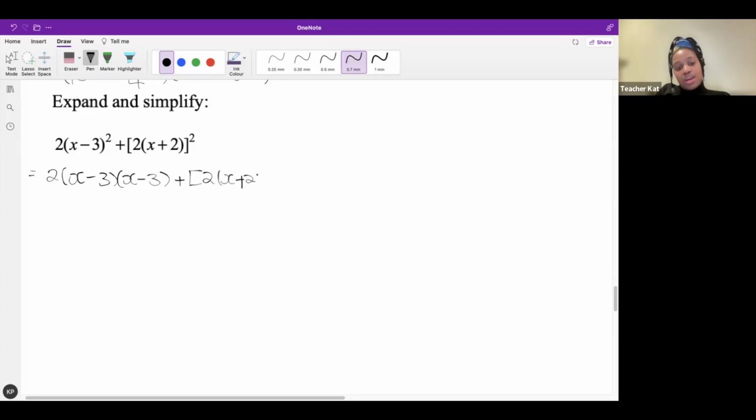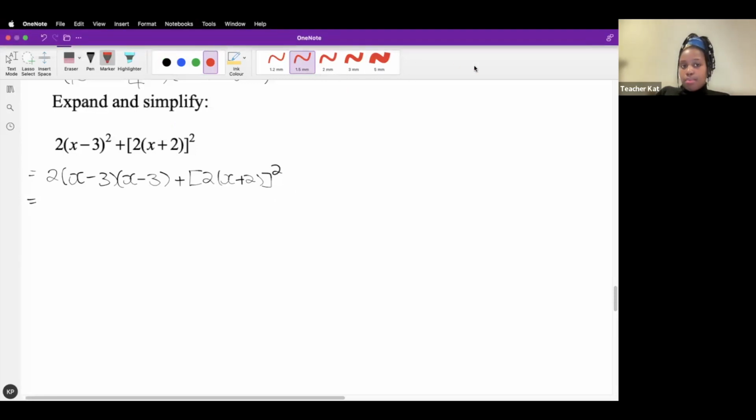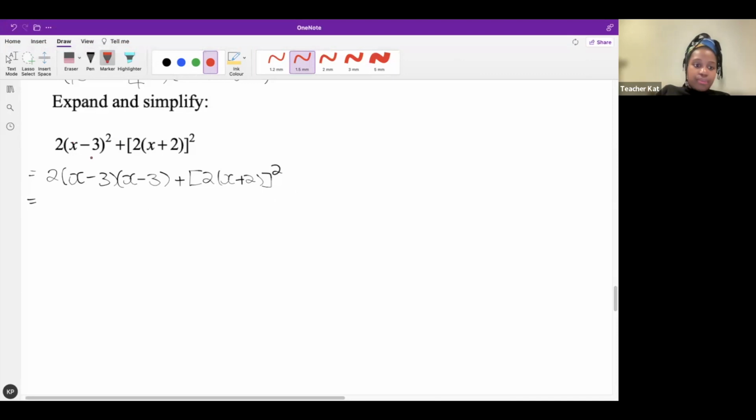Another tip: rewrite everything you're not working on. You guys have a weird habit of doing things piece by piece and then putting them together, and you forget to put all of them together. So whatever you're not working on, you rewrite it just as it is. So let's square. How do we multiply 2 binomials? FOIL. Great.